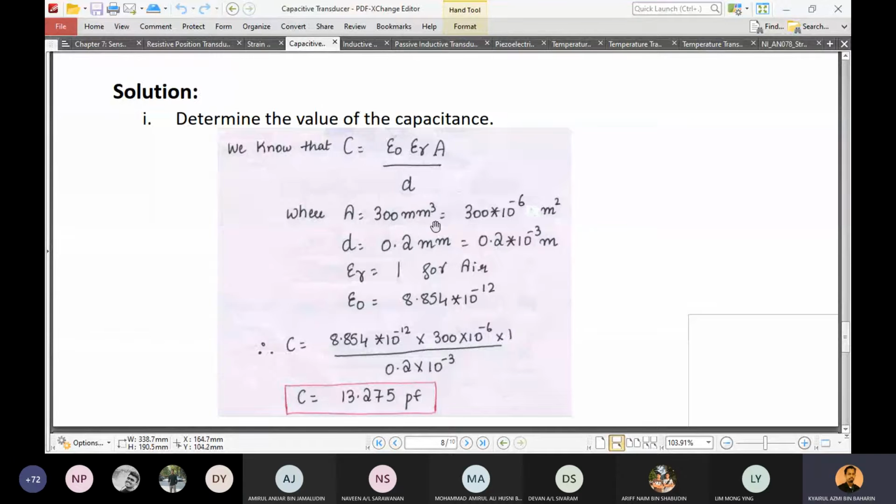So 300 millimeter squared is equivalent to 300 times 10 to the power of minus 6 meter squared. And 0.2 millimeter is equal to 0.2 times 10 to the power of minus 3 meter. Epsilon r equals 1. Epsilon naught is 8.854 times 10 to the power of minus 12. Replacing in the equation, we find the capacitance to be 13.275 picofarad. Pico is 10 to the power of minus 12.